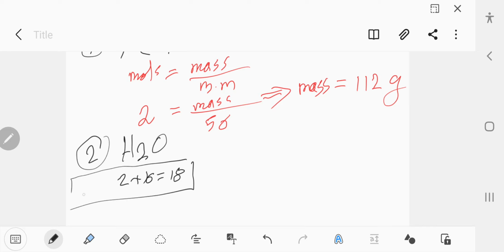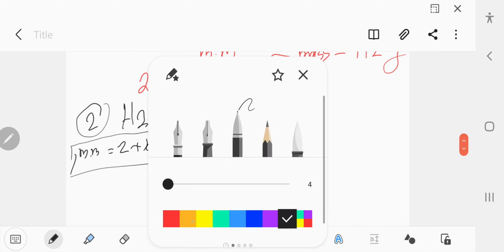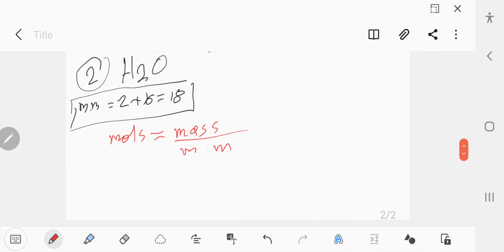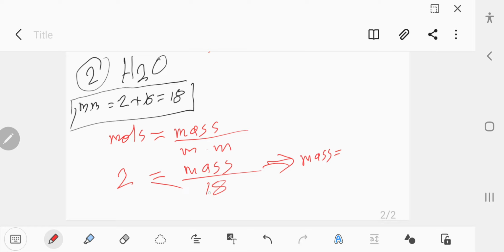This is the molar mass for water. So same thing, moles equals mass over molar mass. Moles given, which is 2, equals mass over 18. So mass equals 2 times 18, which is 36 grams.